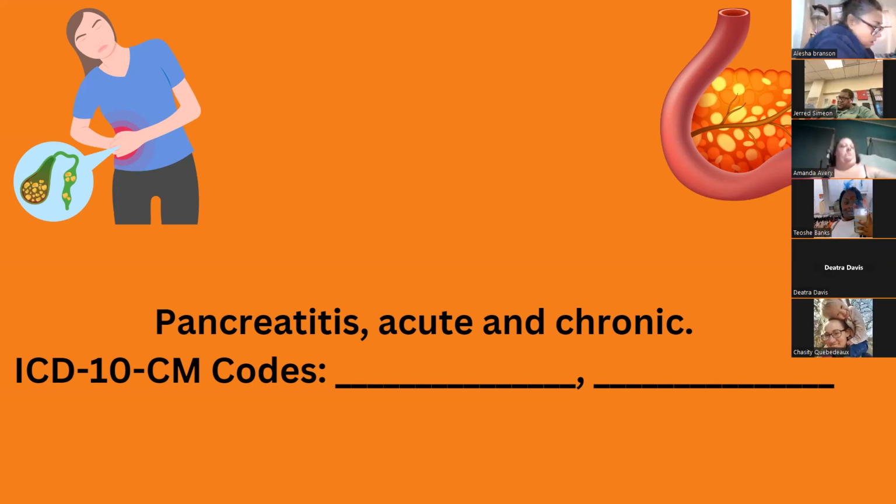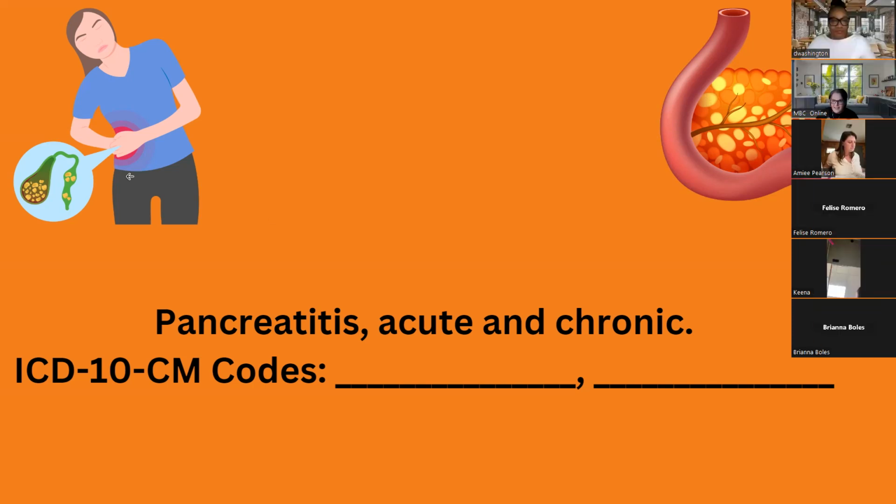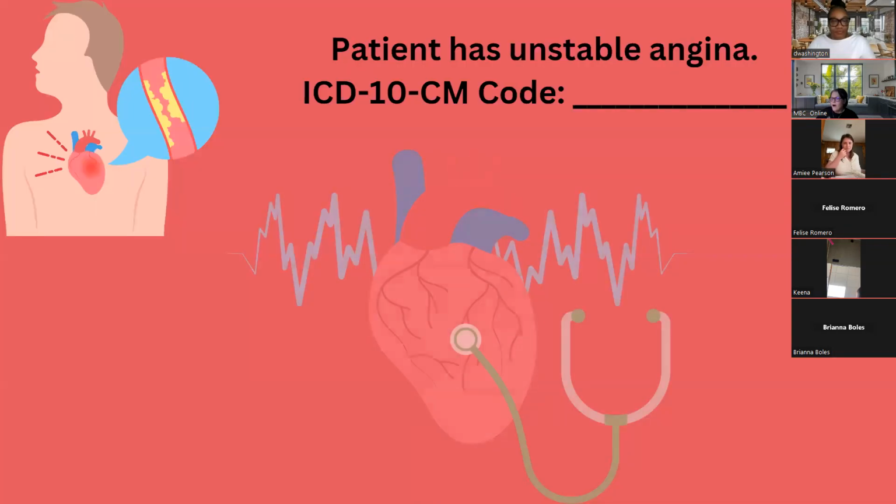It is K86.1. All right. Thank you, Miss Amy. All right, Amanda, are you ready? Patient has unstable angina. What is our key term? What do we need to look up? Angina.